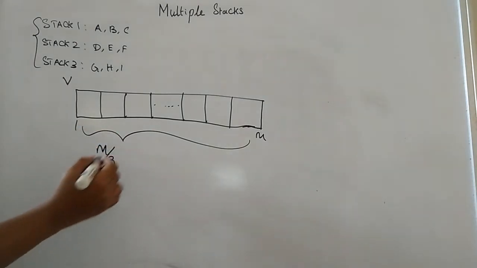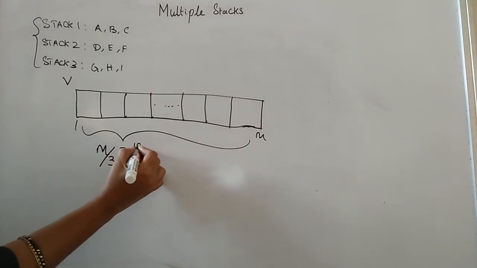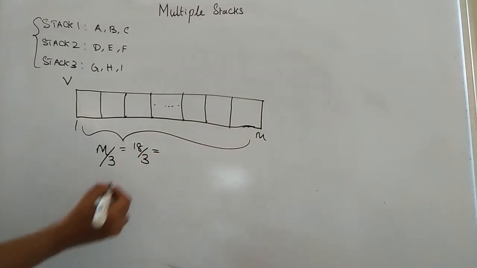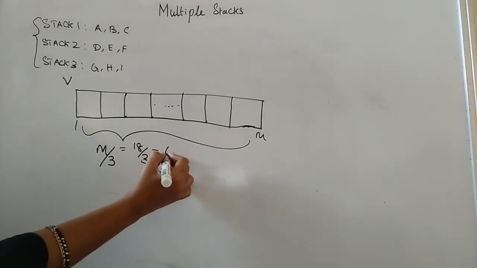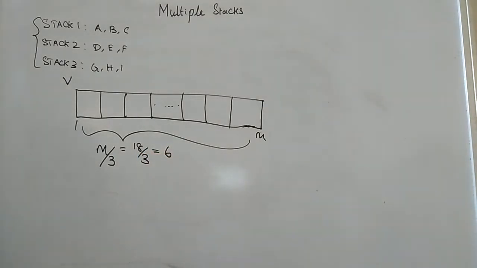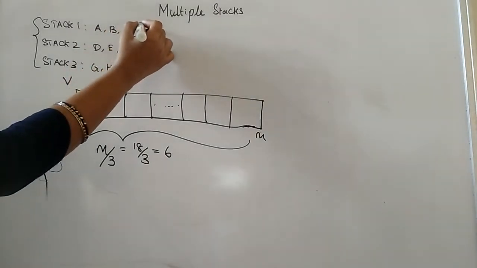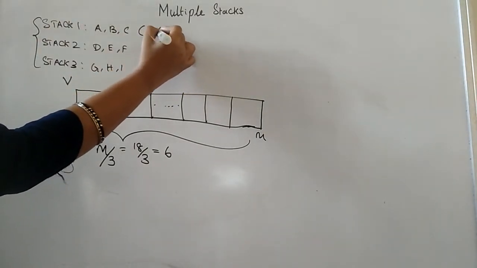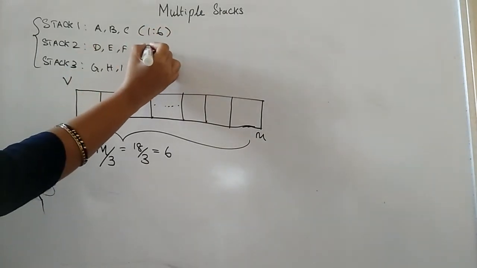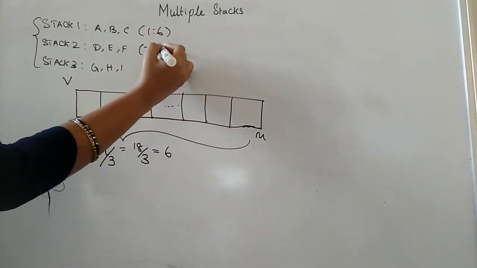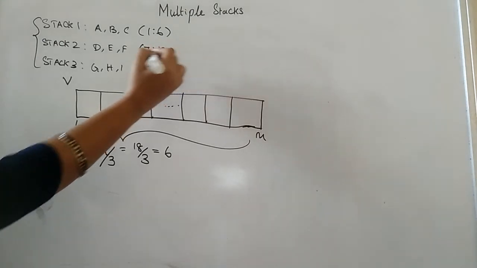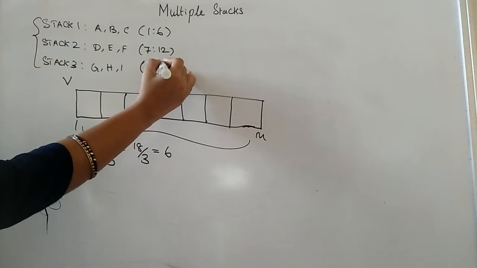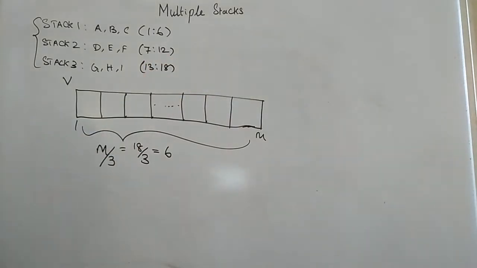Just for an example, I may take the value of M as 18. So I will get the length of each partition as 6. It means the bound for stack 1 ranges from 1 to 6, for stack 2 it is 7 to 12, and for stack 3 it ranges from 13 to 18, right?